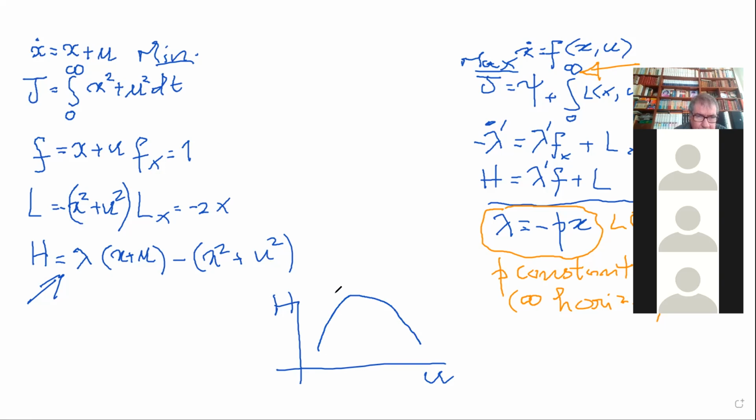So it's something like this. You are looking for a point u star for which the derivative is 0. If you had some constraints, maybe this would not be the case, but since you don't have any constraints and you have a parabola, you find the optimum value by which equation? The derivative of H with respect to u is equal to 0. So solve this equation and give me the optimal u.